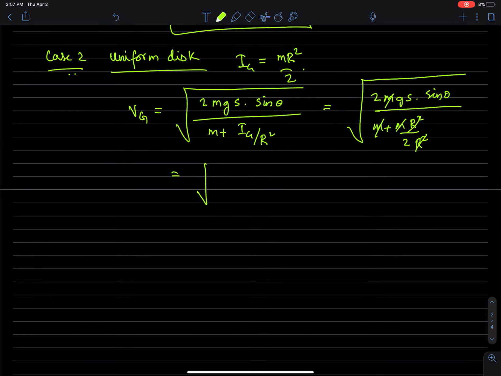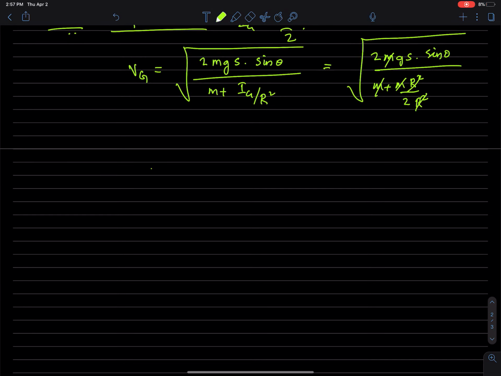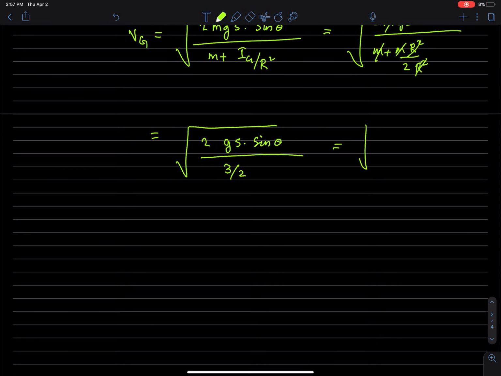So we have square root of 2mg, we can eliminate m as well, 2gs sine theta divided by 1 plus 1 by 2, which is 3 over 2. So you get square root of 4 over 3 gs sine theta. Okay, so that's Vg if you're a disk.